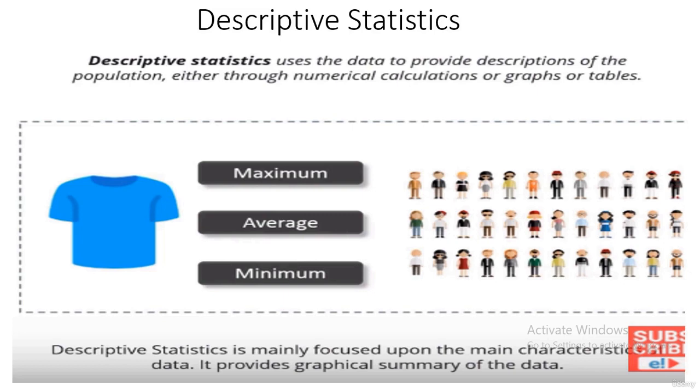It provides a graphical summary of the data. That means the t-shirt is providing the size, which provides the descriptions of the population. Either it can fit with the minimum or the average or the maximum size.